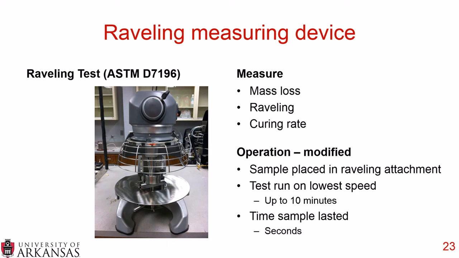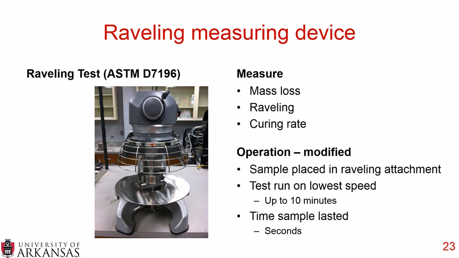Now, because FDR does not gain strength as quickly as CIR, which the Raveling test was developed for, we actually performed a modified test. And instead of measuring the amount of material loss, we measured how long the sample stayed intact, and that was in seconds.